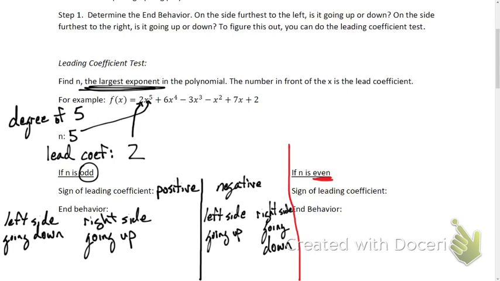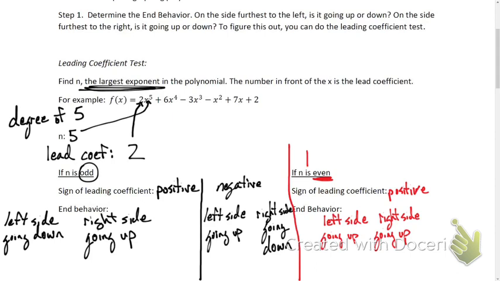So if it happens to be even and positive, then I know the left side is going up and the right side is going up.